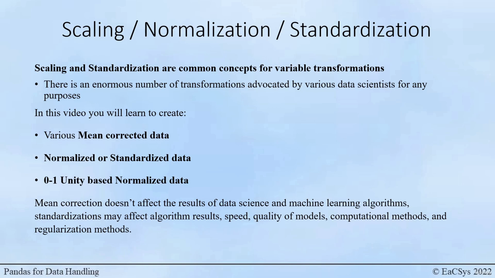And we have normalized or standardized data, which is an extension of the mean corrected data, and normalizes or standardizes the data by dividing it with the feature standard deviation to create features which have a zero mean and a unit variance and standard deviation.